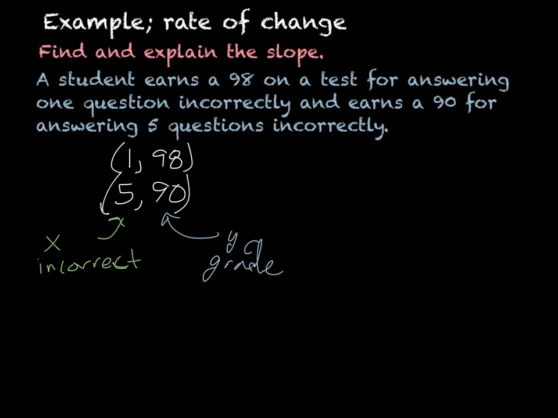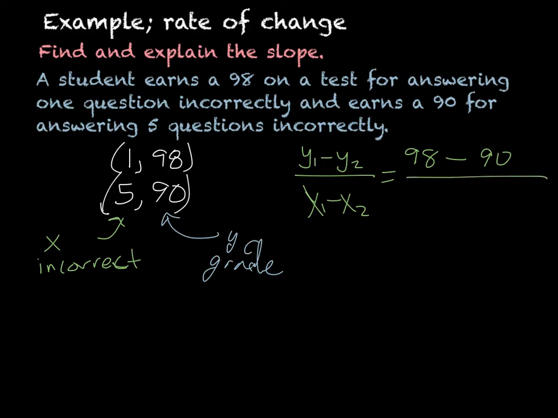Okay, so if I want to find my rate of change, then I would take my y1 minus y2 over x1 minus x2. So y1 is 98, minus my y2, which is 90, over 1 minus 5, x1 over x2.